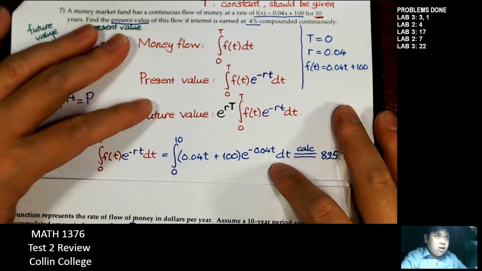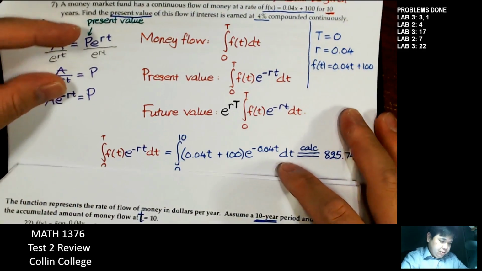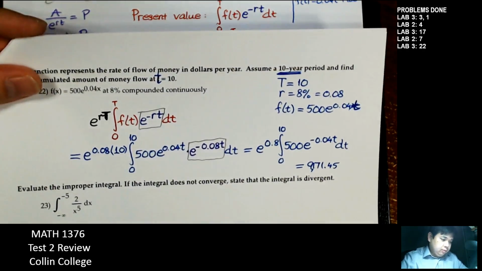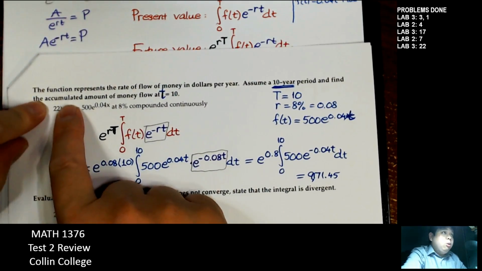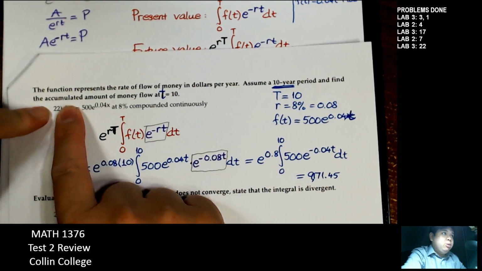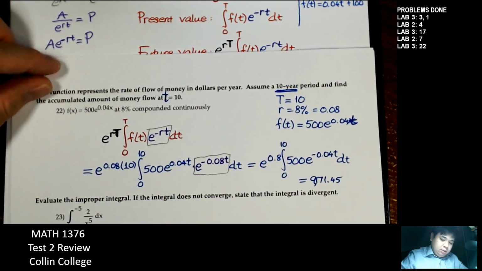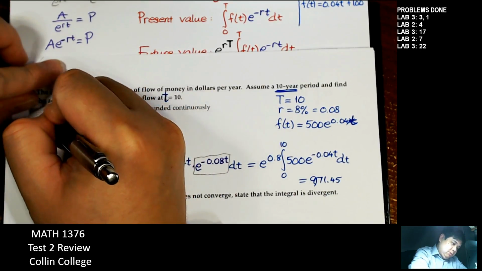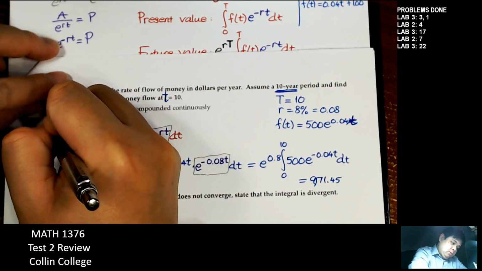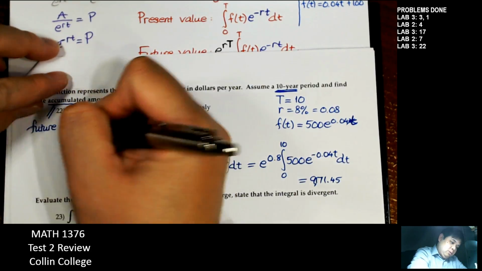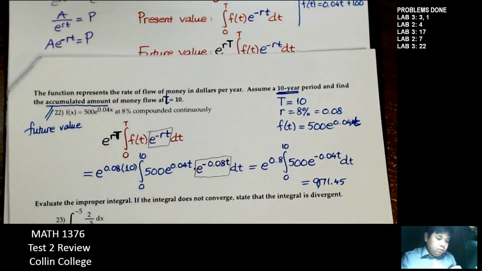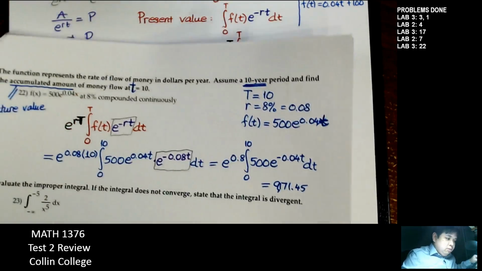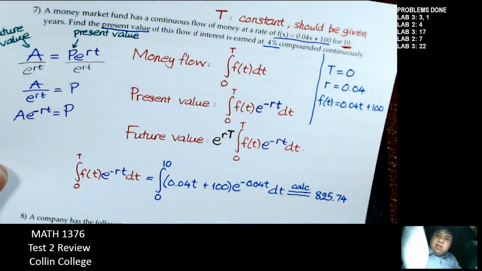Pretty much just these formulas. The accumulated amount is the future value. I think that covered the question on the business or finance kind of problem.